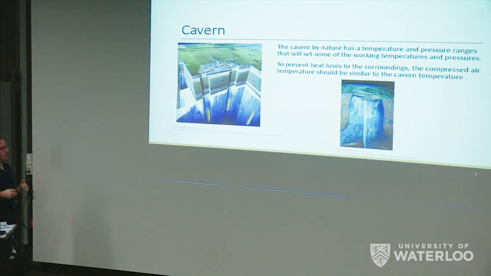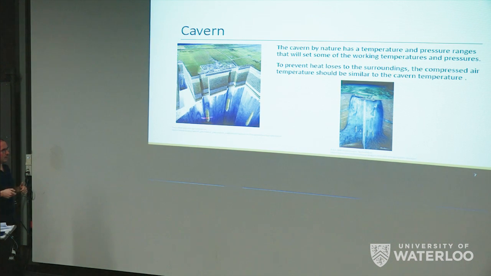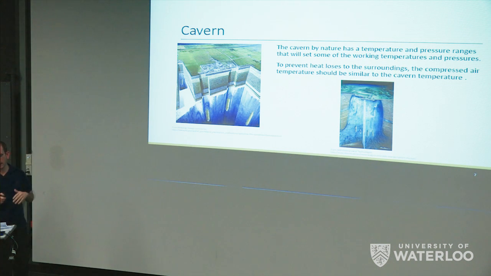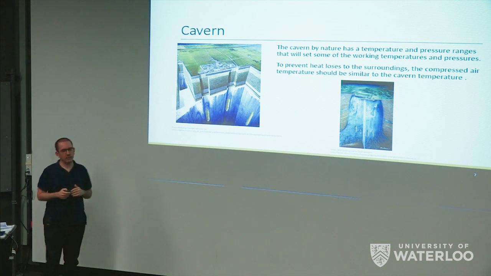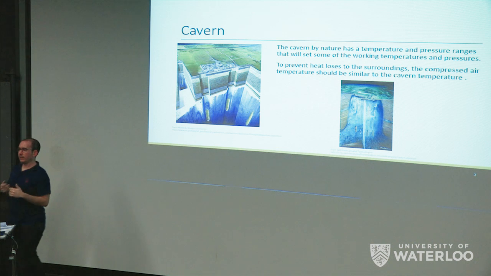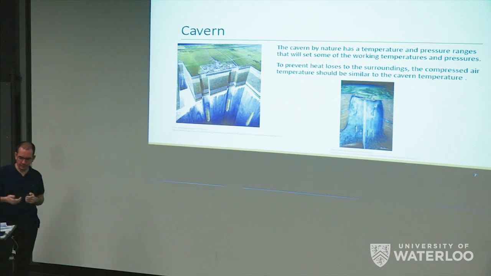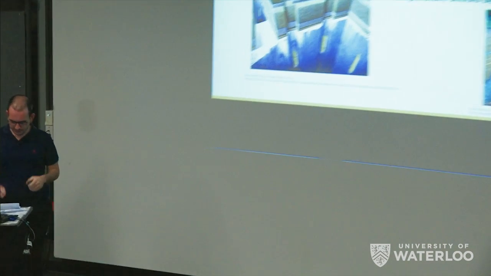And what's good about this type of cavern, salt caverns, is that the temperature difference between the cavern and the surroundings means heat will come into the cavern and help gain some energy, compensating the energy loss from the internal expansion that happens inside the cavern while you produce energy without filling the cavern at the same time.